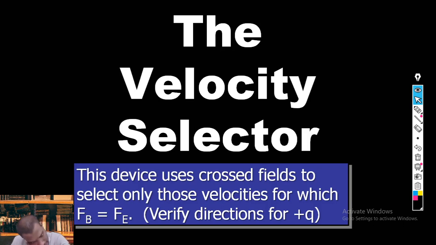It is a device which uses crossed electric and magnetic fields to select only those velocities for which the force of the magnetic field equals the force of the electric field. Suppose we use positive ions, we just need to mind the directions, because magnetic field, electric field and force are all direction sensitive.